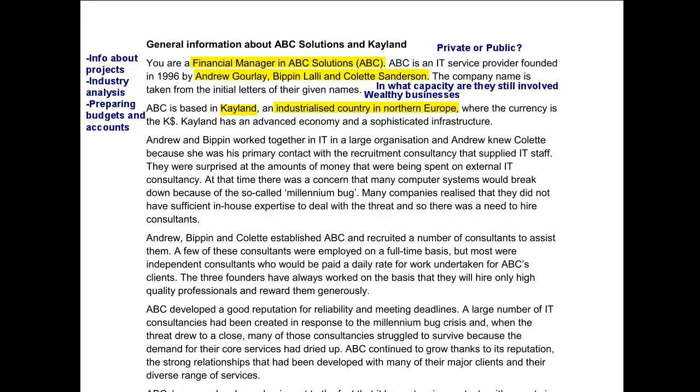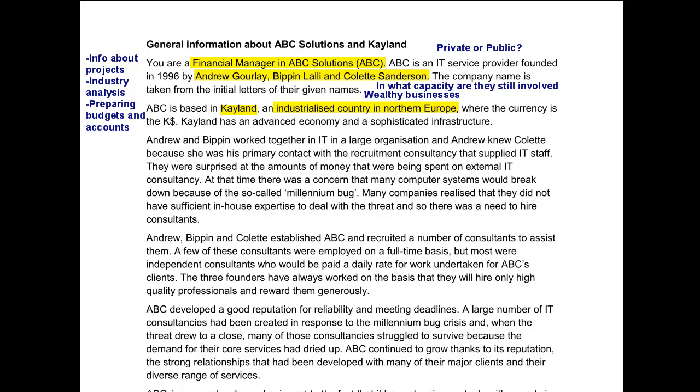Therefore, a company like this, which will rely on trained staff and decent levels of knowledge within their workforce, is likely to be in a good position, perhaps compared to a company that sets up in a developing nation where labour is likely to be cheaper and there is likely to be a larger pool of talent, but are they going to be of the necessary quality for an IT service provider?